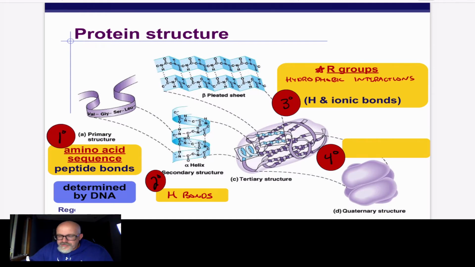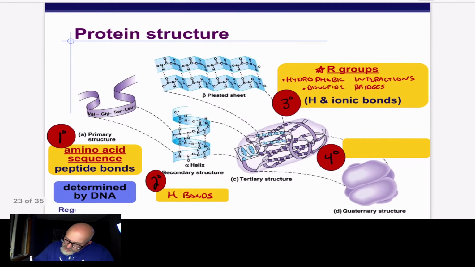Hydrophobic means water hating, so those are going to tuck to the inside of these folded up tertiary models. We may get some disulfide bridges. So if there's sulfur and sulfur, they're going to go towards each other and create a little bond. We're also going to get some hydrogen and ionic bonding. So all that's going to happen in here to sort of lock it into that tertiary structure.